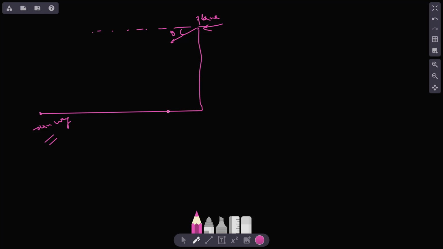This is the height, this is the distance. Now the plane has to take a dip, and it will ensure that the plane's line of sight is exactly matching with the runway.